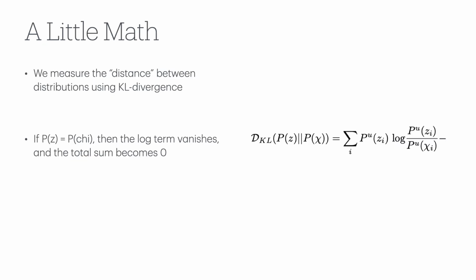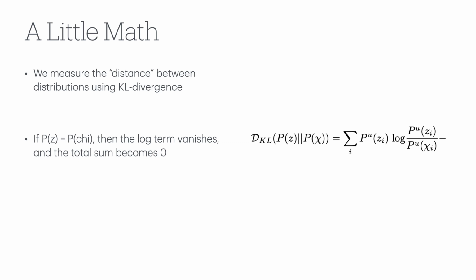Okay, so I said I would talk a little bit about KL divergence. We're not going to go into it, but the key idea is we're using KL divergence as a measure of distance between distributions. So this is the actual math behind it on the right.